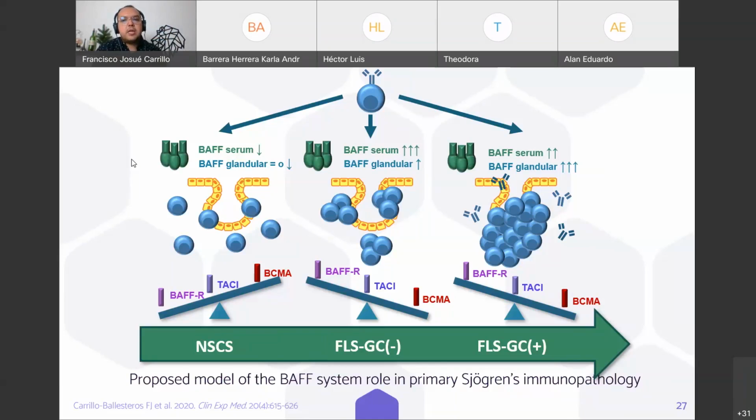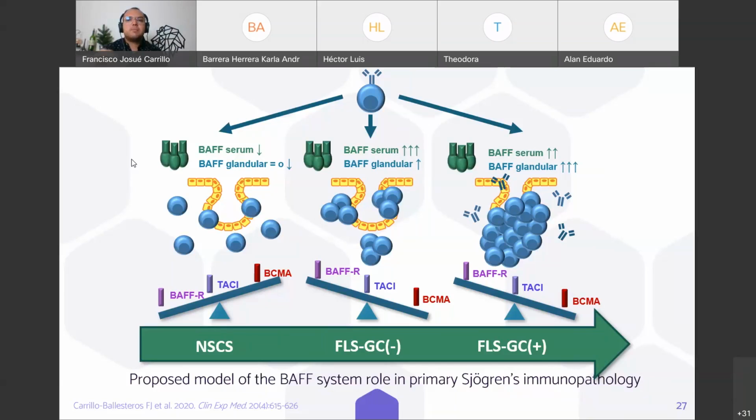And especially in those patients with the germinal center-like structures, we have maybe not just a high BAFF expression in the periphery, but it's more important the expression within the glandular BAFF, that these cells contribute to express locally.